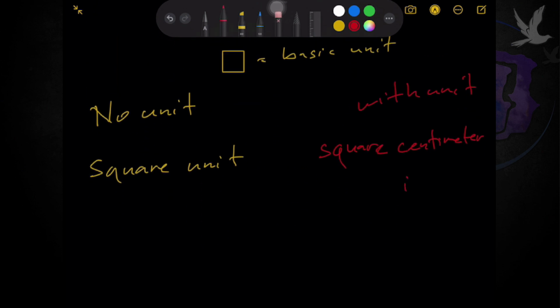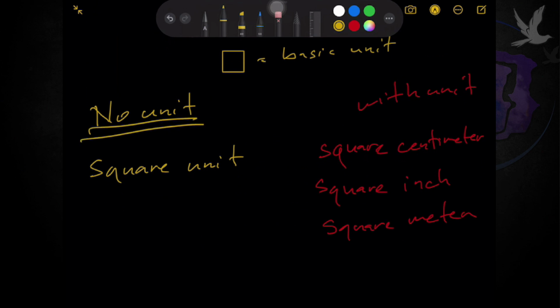If we used inch, this will now become square inch. If we used meter, this will now become square meter. Okay, so depende yan. If there are no units involved, by simply may drawing lang, tapos walang any other given unit, so square unit lang tinatawag natin dyan.